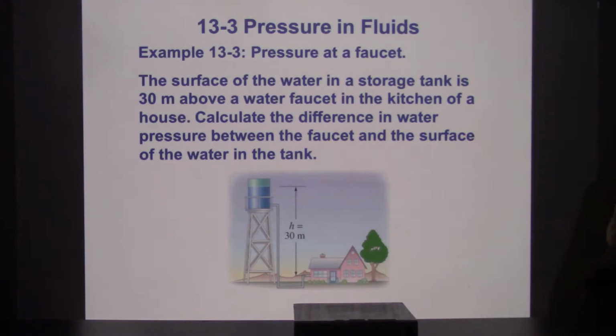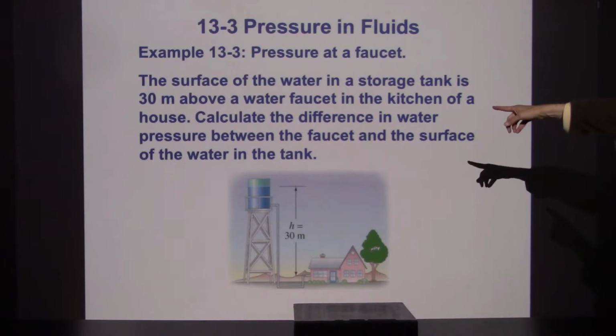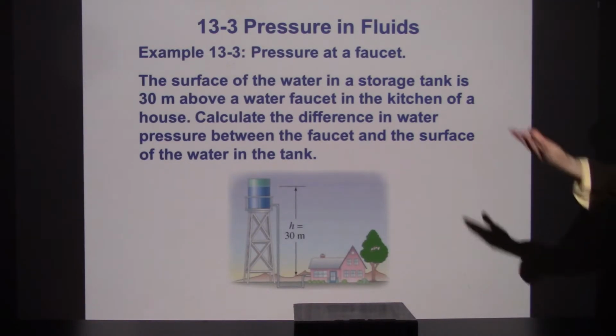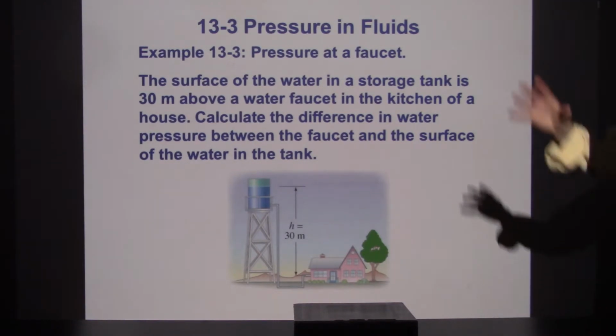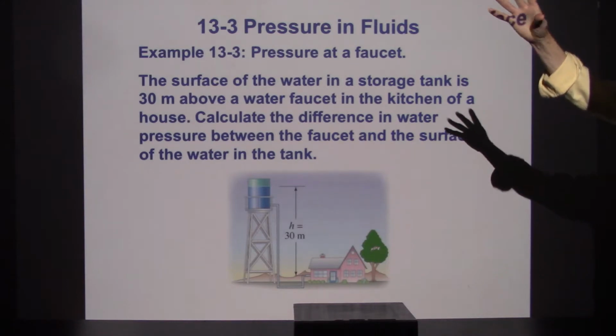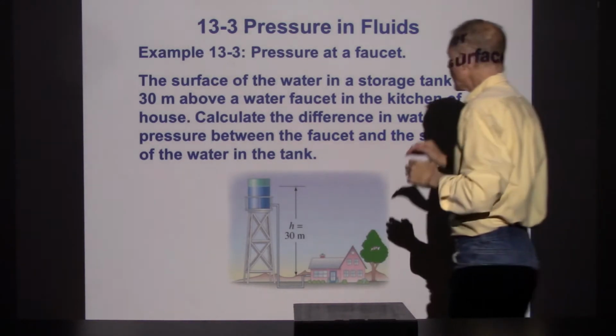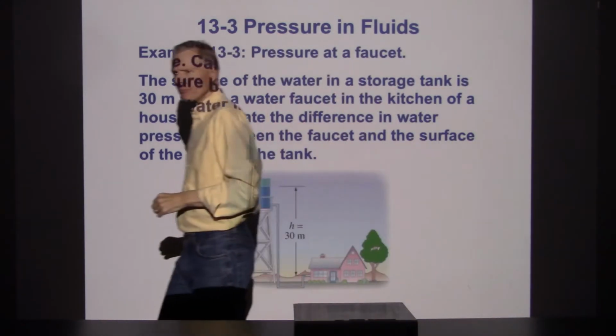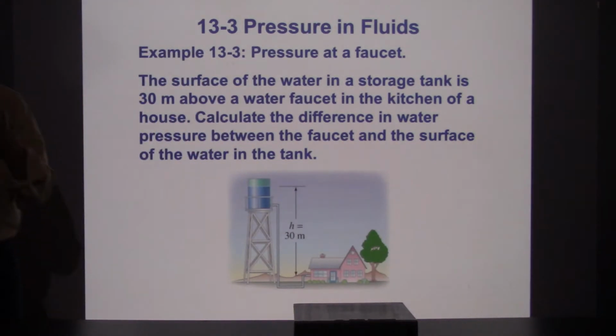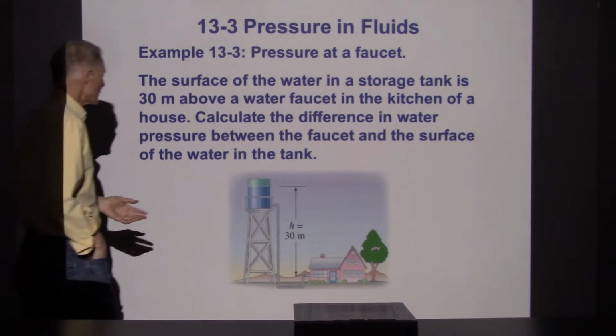Can't you just store the water down on the ground somewhere? The town name is always written on that, and I thought maybe it's a way to advertise the town, build a water tower, put it up really high, and let everybody driving by know the name of the town. And then I took physics, and now I understand this better.